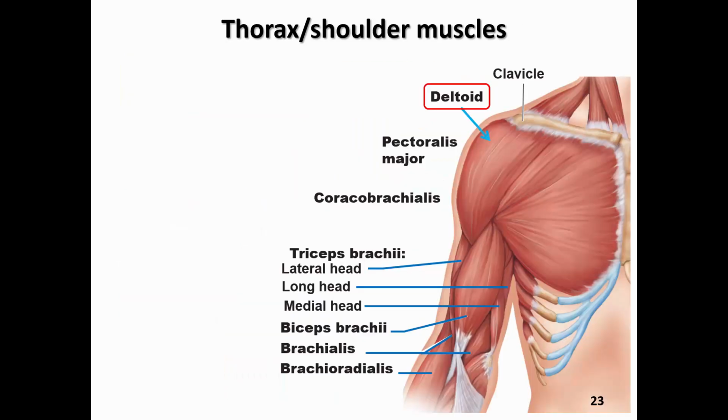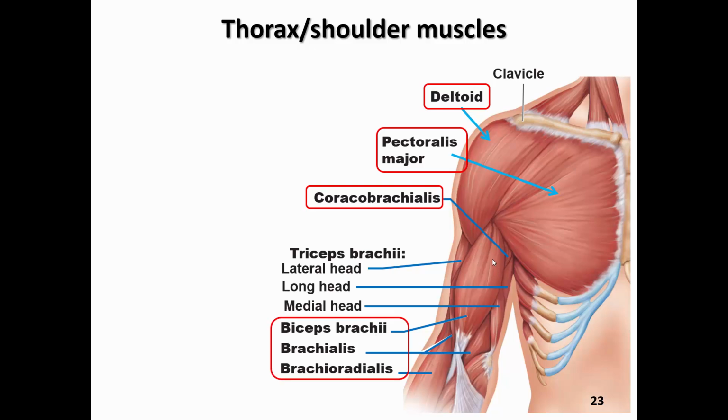Some additional muscles here on the anterior side, discussed earlier, are the deltoid, and the very large, superficial pectoralis major. The coracobrachialis muscle, as can be slightly seen here, is deep to the pectoralis major and deep to the biceps brachii.